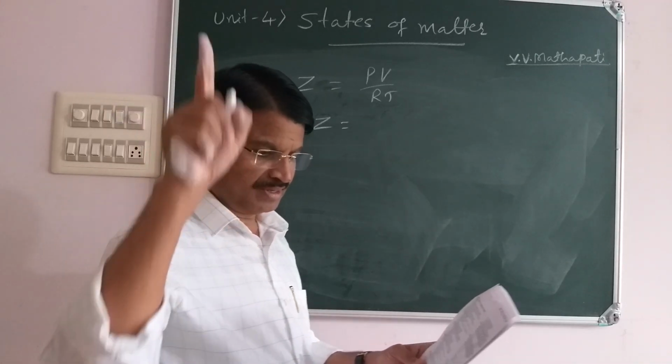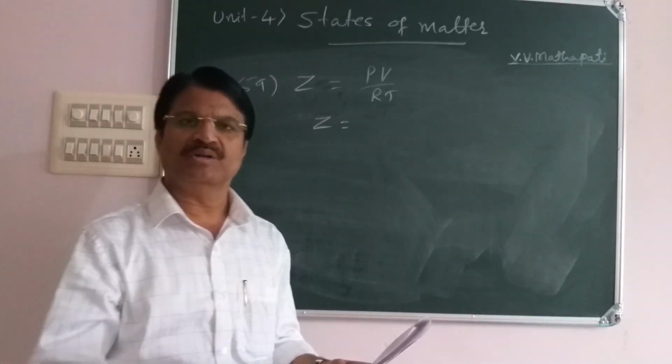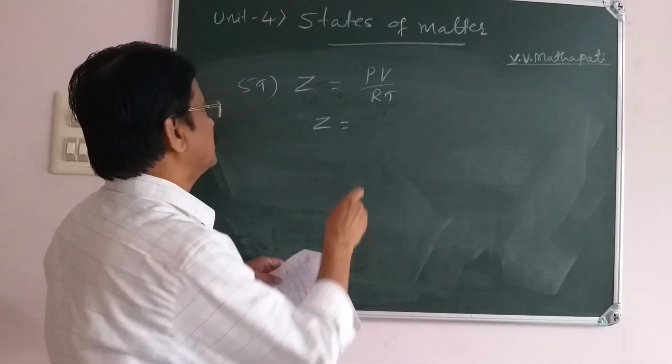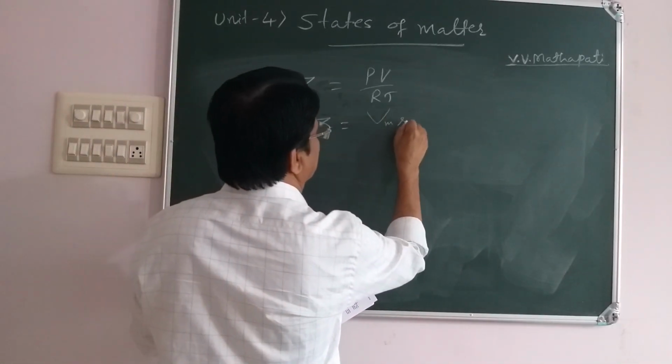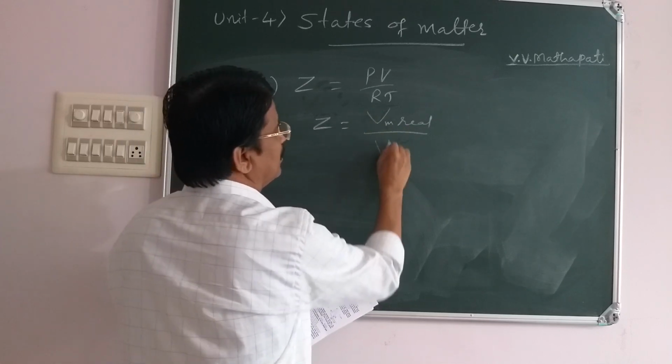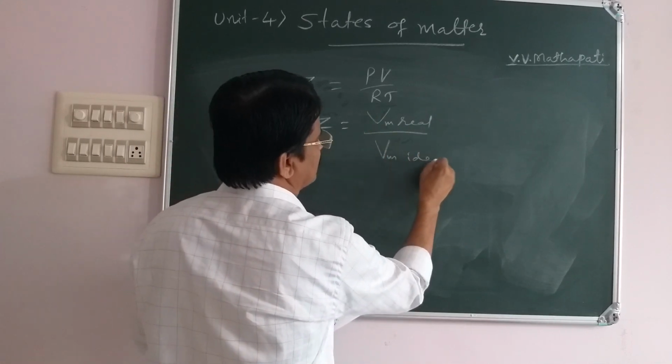Therefore, Z is the molar volume of the real gas by the molar volume of the ideal gas.